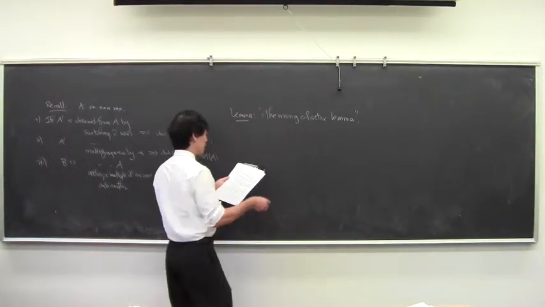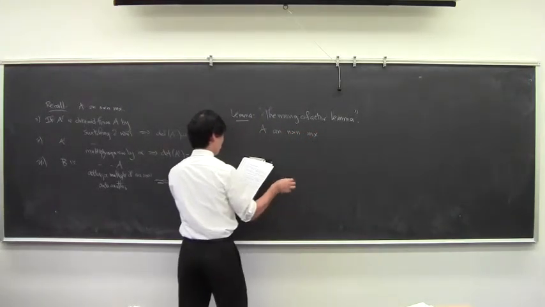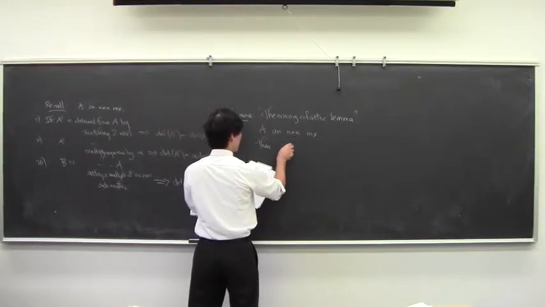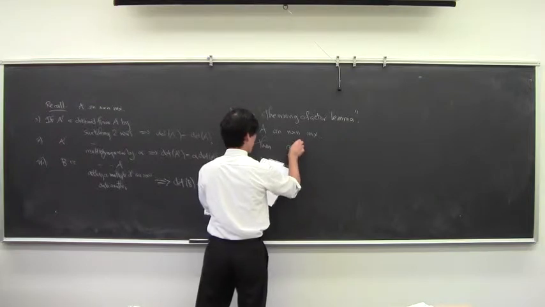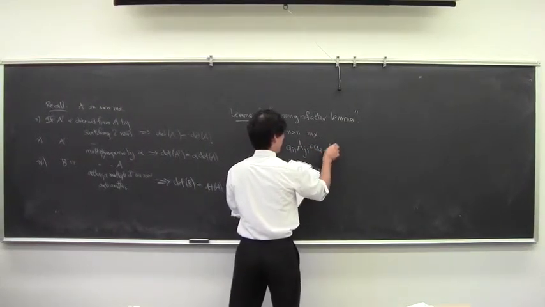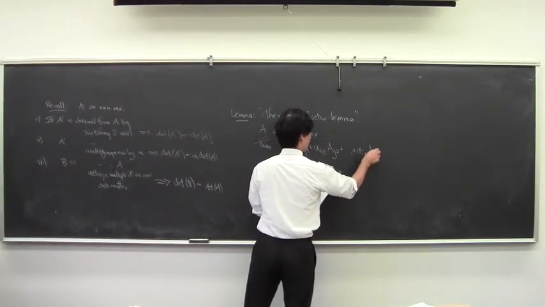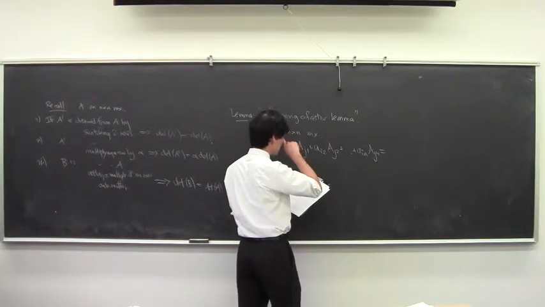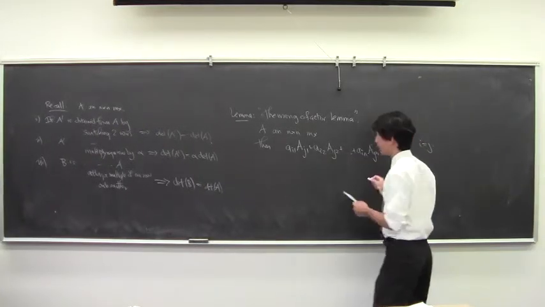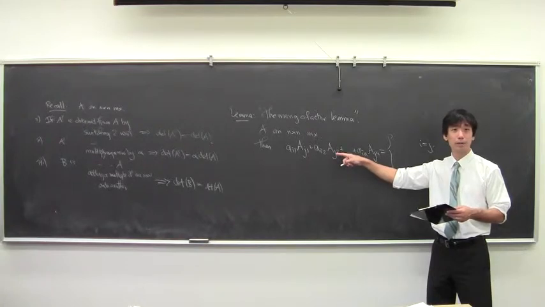Okay. So you have an n by n matrix, and then a_i1 A_j1 plus a_i2 A_j2 plus a_in A_jn equals, well, if i and j are the same, then this is just a cofactor expansion down a row, right?